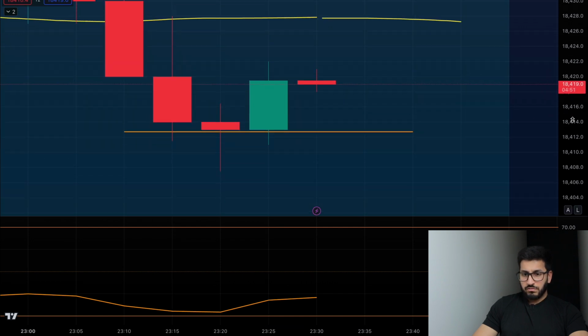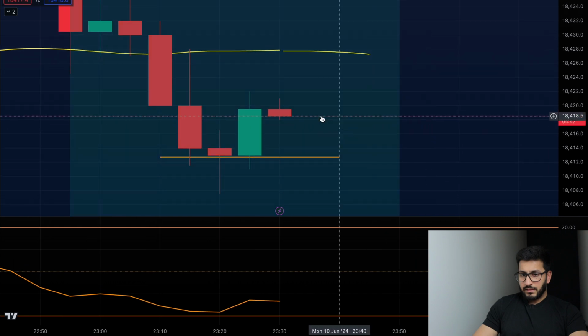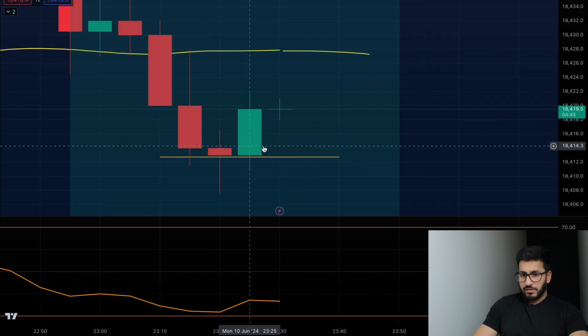So this candle is bullish, but this one is the resistance.